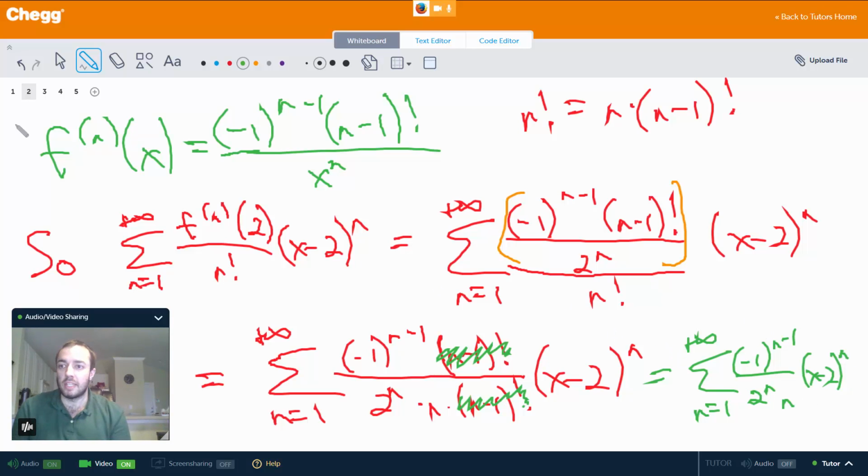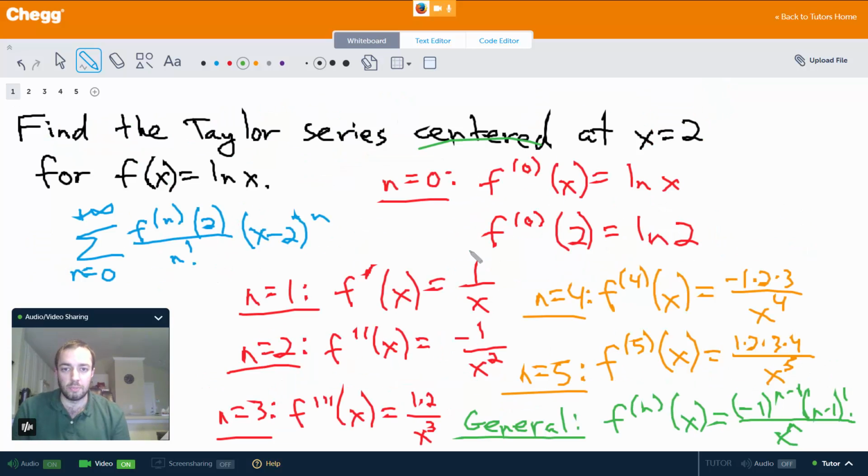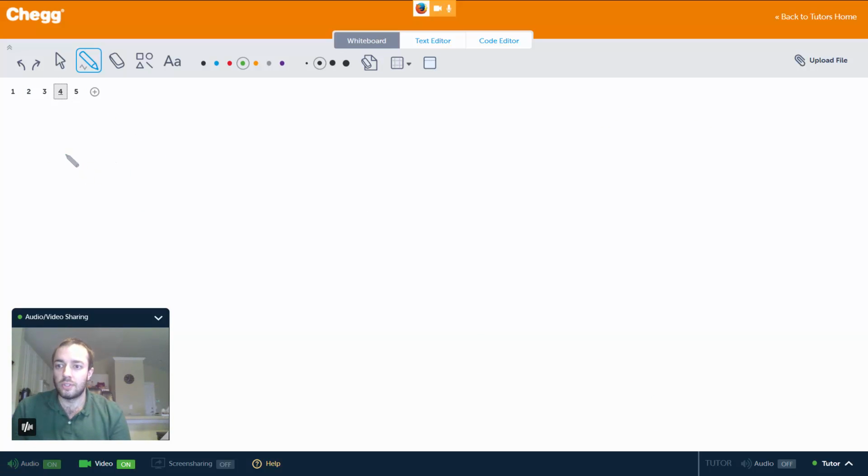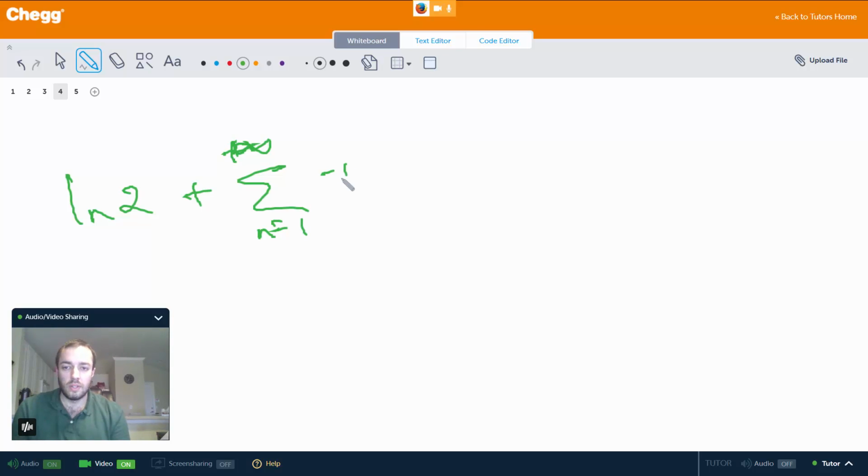Now that's not quite everything because remember we still have this piece right here, so we can't forget that. So let's go ahead and go to page 4, because page 3 we already had something. So then what we have is natural log of 2 plus the sum from n equals 1 to plus infinity of negative 1 to the n minus 1 over 2 to the n times n, x minus 2 raised to the n.